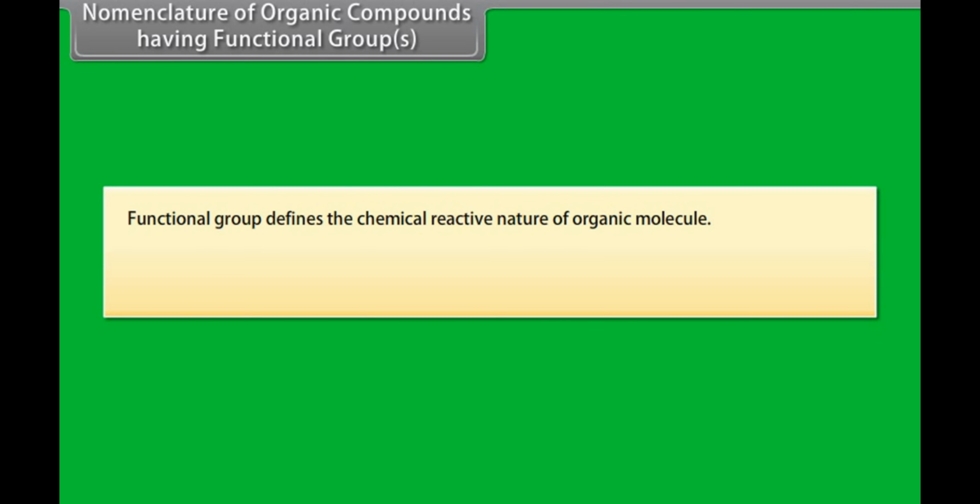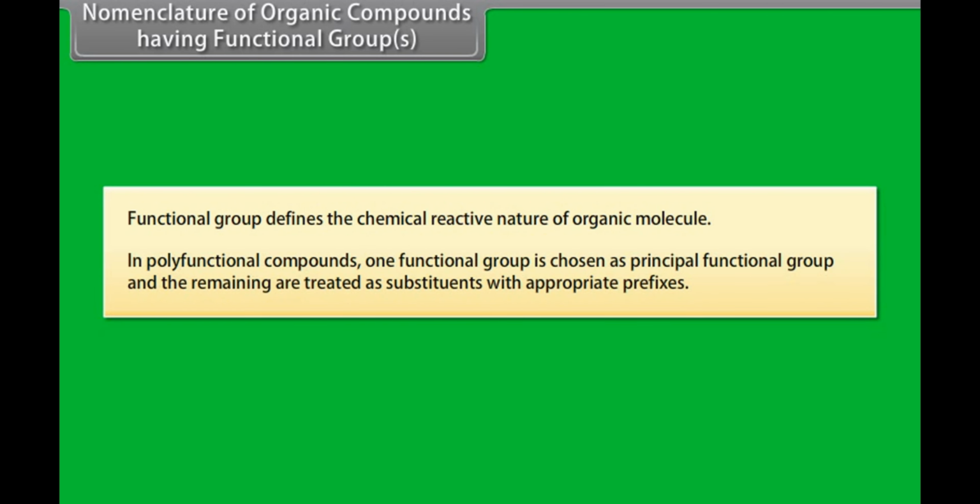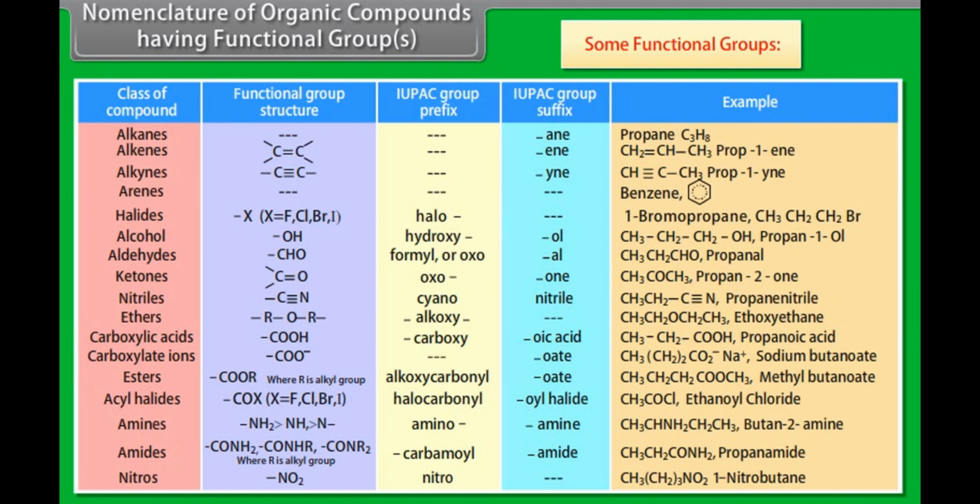Functional group defines the chemical reactive nature of organic molecule. In polyfunctional compounds, one functional group is chosen as principal functional group and the remaining are treated as substituents with appropriate prefixes. Some functional groups are given below in the table.